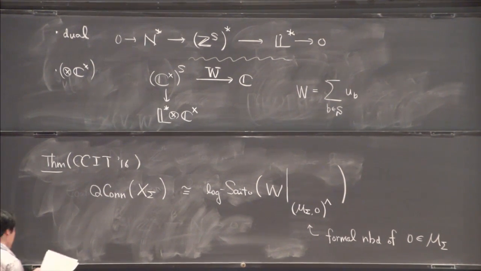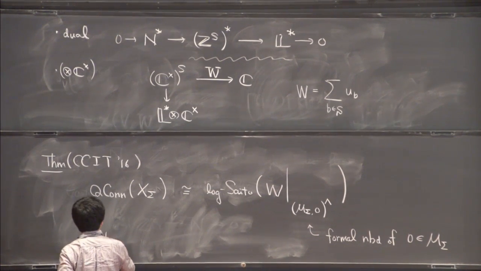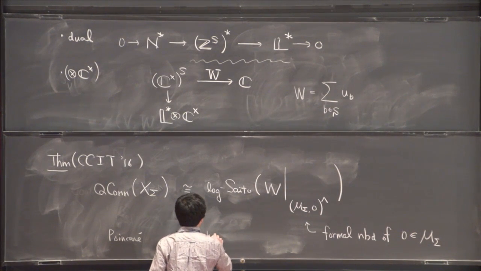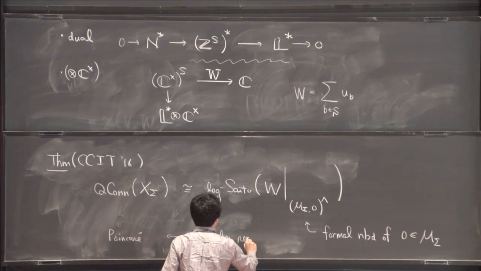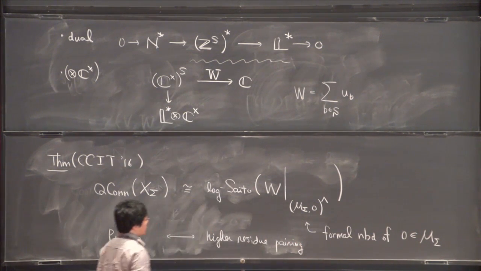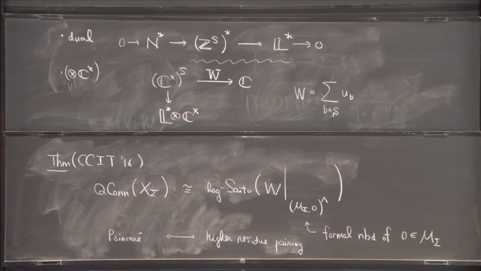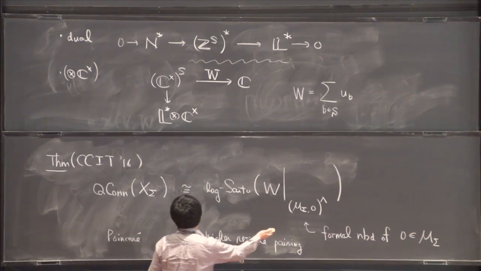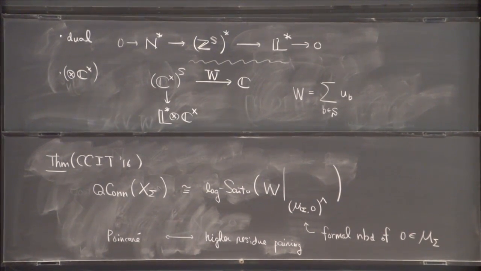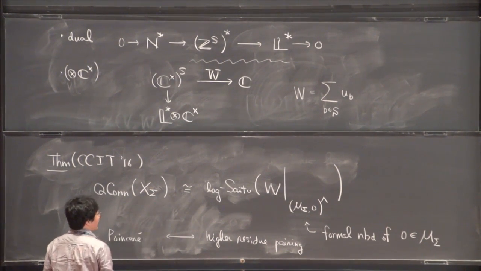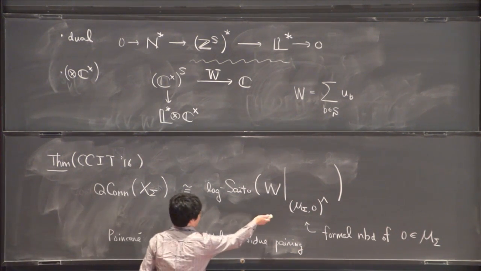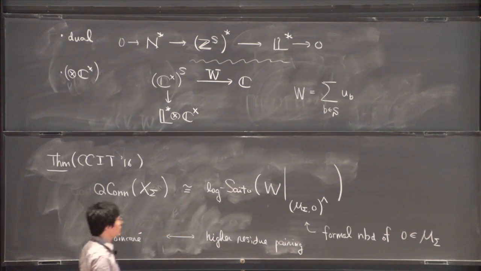And also the Poincare pairing here intertwines with the higher residue pairing. I'd like to remind you that this is a formal neighborhood. The quantum connection in general is not known to converge, so it is just a formal connection. Correspondingly, you also need to consider the restriction of W to this formal neighborhood of 0.